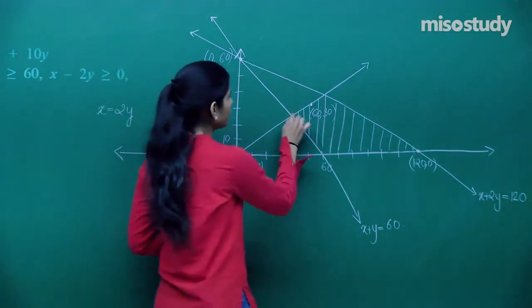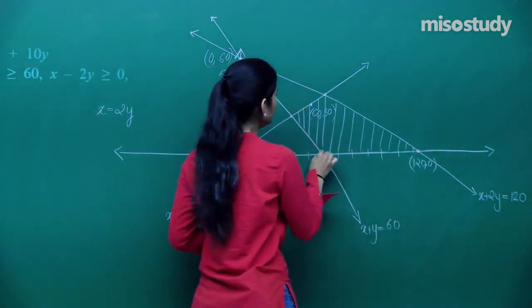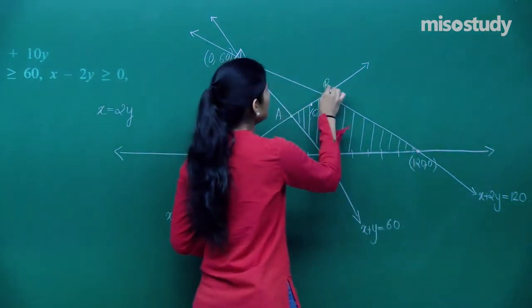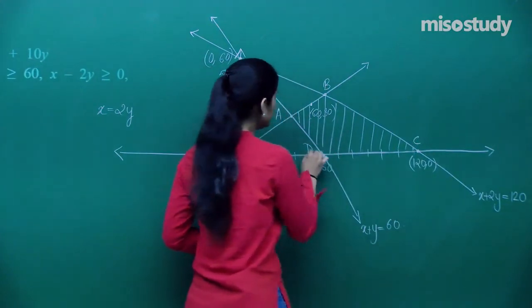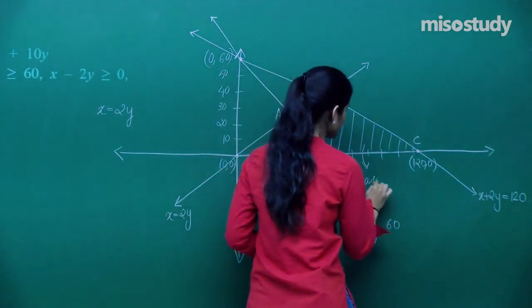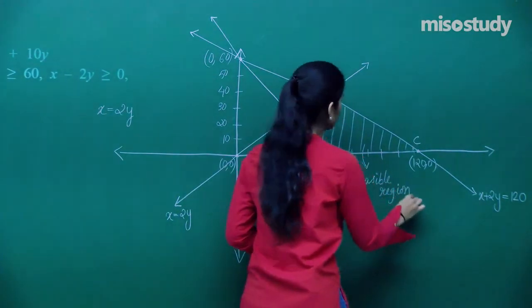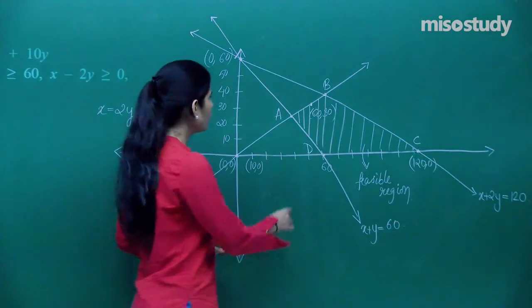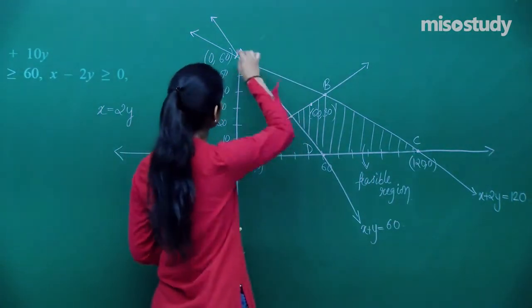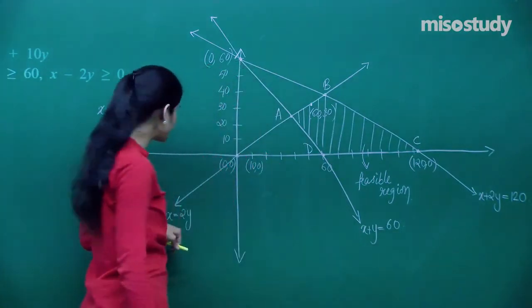So what are my corner points of this feasible region? This feasible region is bounded. Can you see that? This is A, B, C and D. Corner points are what? What is this point? This point is the intersection of this line and this line. X plus y equal to 60 and x is equal to 2y.